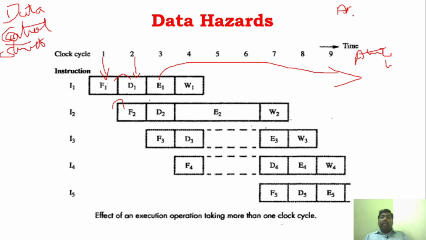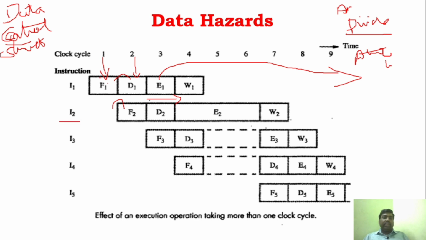But if you take division, it will take more time. It is a little more complex than addition. Sometimes it will be so complex that it will not be able to complete within the given clock period.